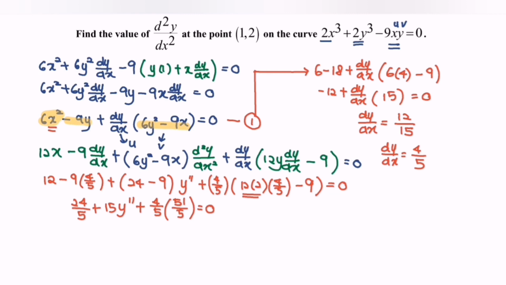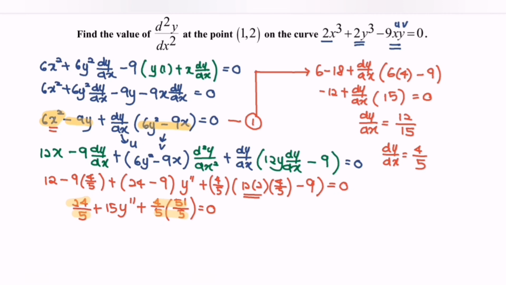Next, what we have to do is simplify this. So now we will have 51 over 5 multiplied by 4 divided by 5, added to 24 over 5, with the help of the calculator.